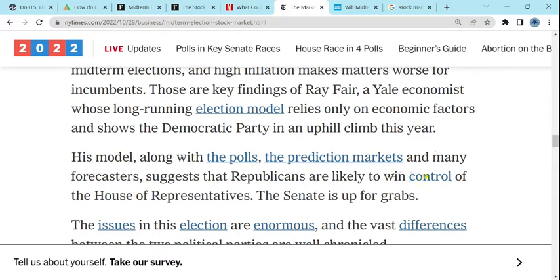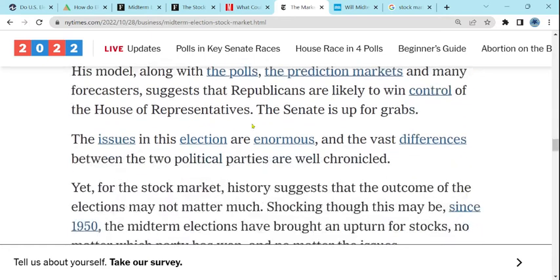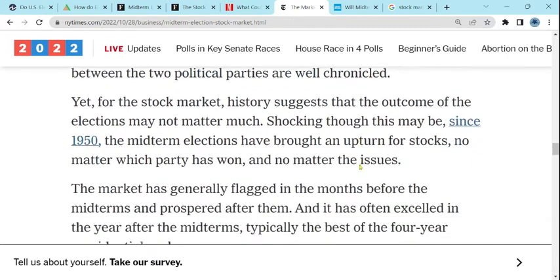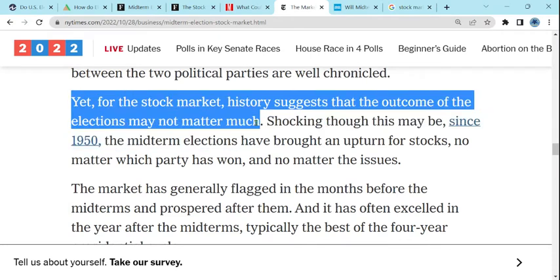This model aligns with polls and the predictive markets, and many forecasts suggest Republicans are likely to win control of the House of Representatives. The Senate's up for grabs. The issues are enormous, with vast differences between the parties. Yet for the stock market, history suggests that the outcome of the elections may not matter much. So again, who wins really doesn't matter much to the markets.